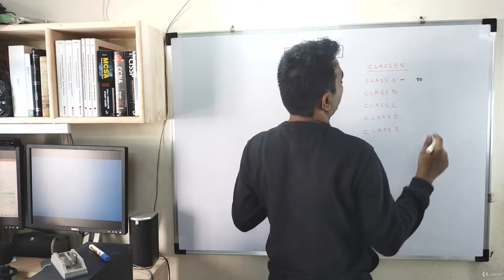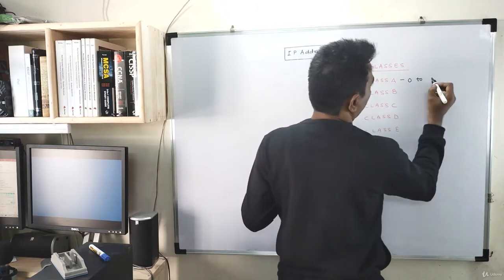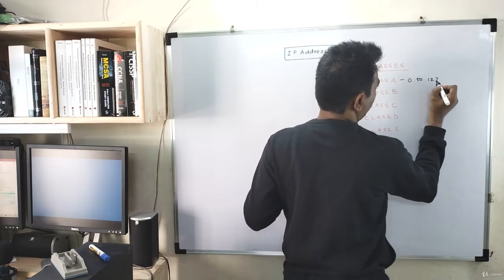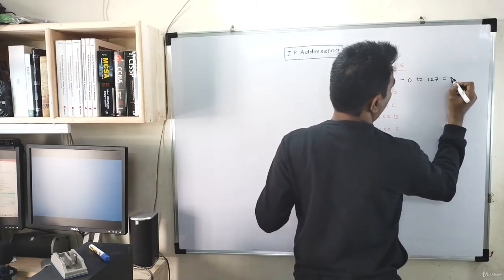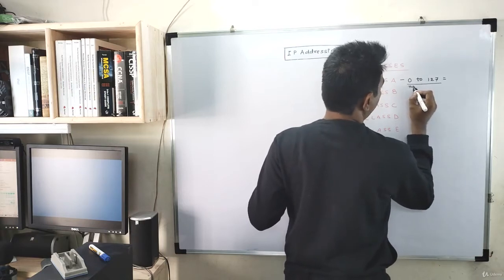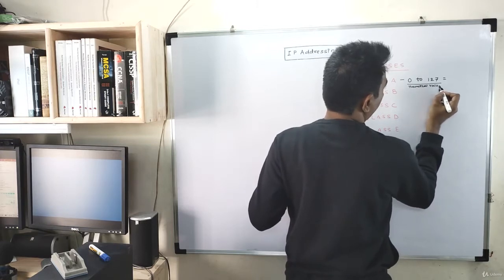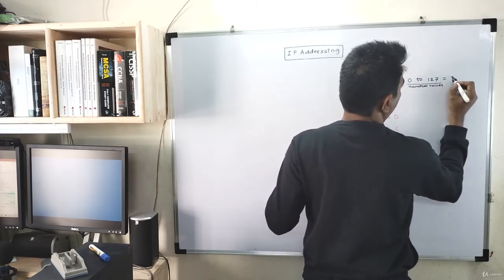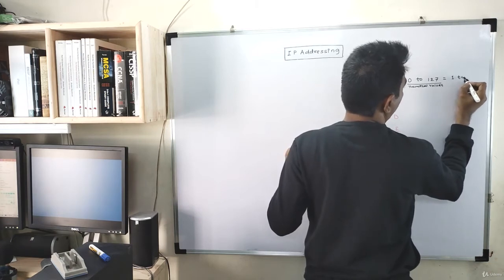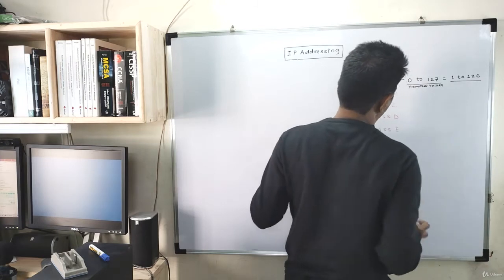Let us put the calculated values, so 0 to 127. Of course, you know that. These are theoretical values, but practically only 1 to 126 addresses can be used, right?